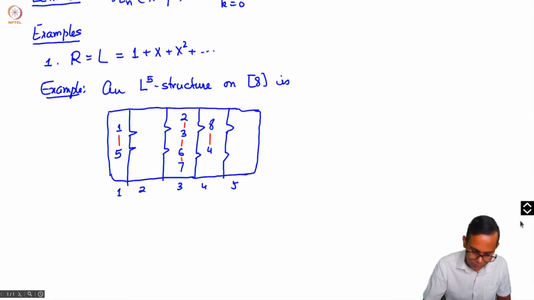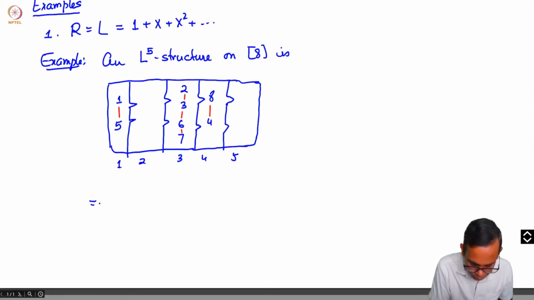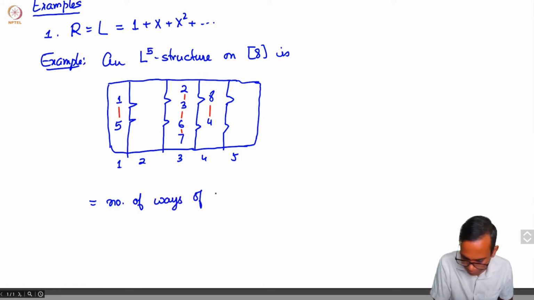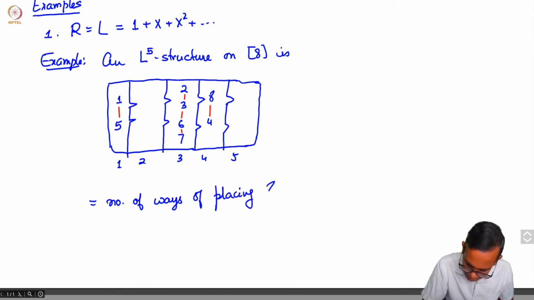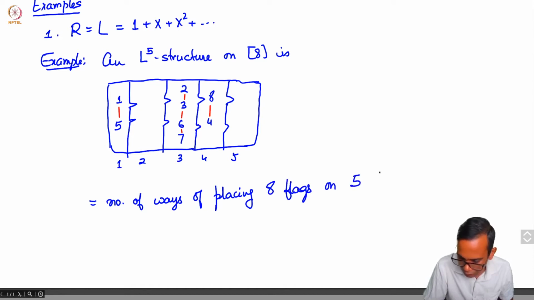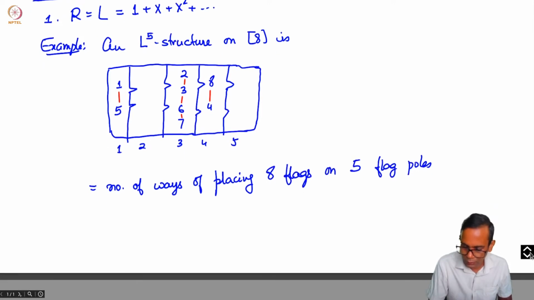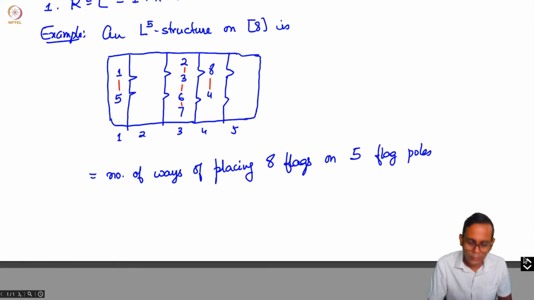And so you see from this picture that this is also equal to the number of ways of placing 8 flags on 5 flagpoles. You're allowed to have more than 1 flag on each pole, and the order in which the flags are placed on each flagpole matters.